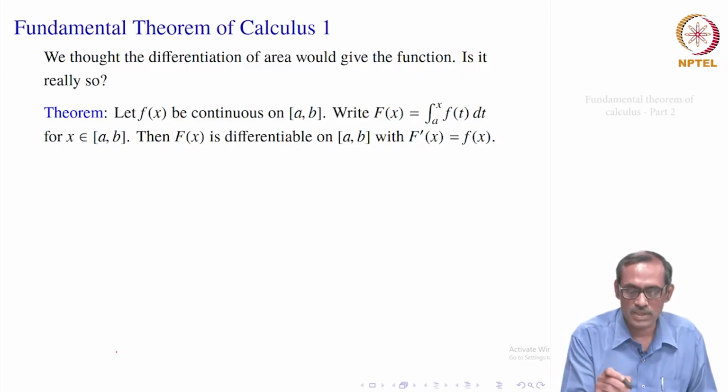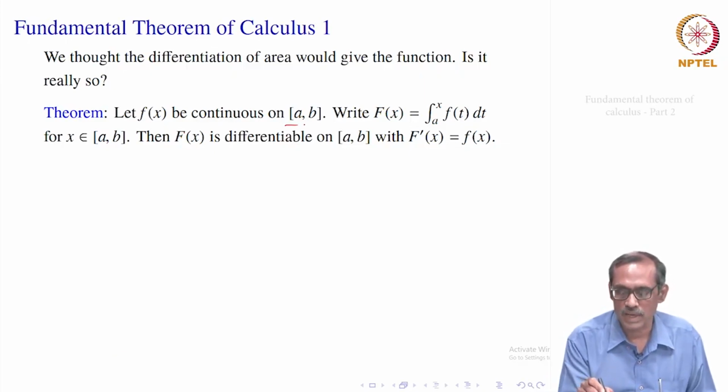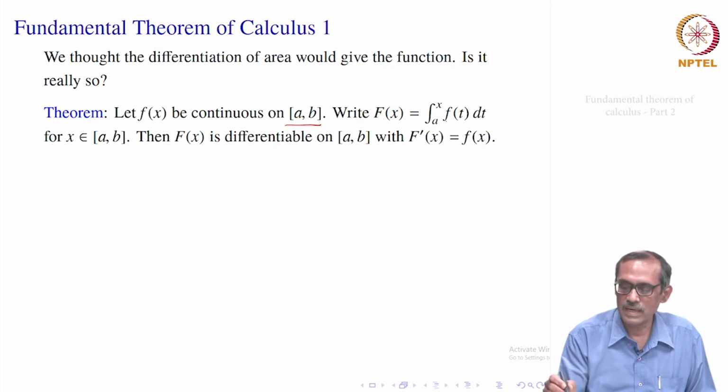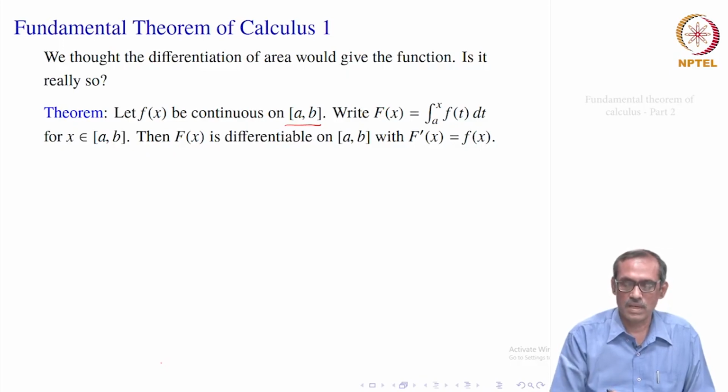So, now the conditions are f of x is continuous on a b, and then we know integral a to x f t dt exists. So, call that as the function capital F of x. Now, all that we have to do is show that this capital F, which is a to x f t dt, is differentiable and its derivative is equal to f of x at any point x inside this closed interval a b.